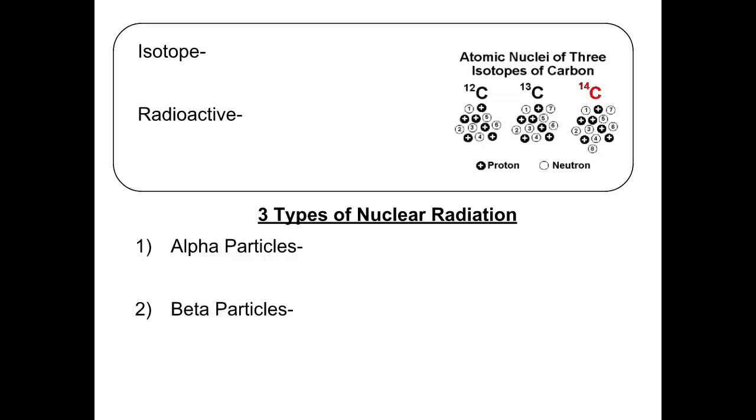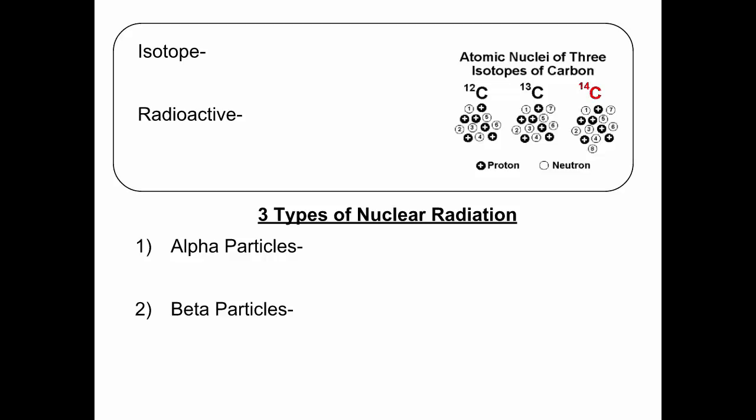We also talked about isotopes back in chemistry. What is an isotope of an element? Yeah, it's the same element, the same number of protons, but with a different number of neutrons, giving it a slightly different mass.